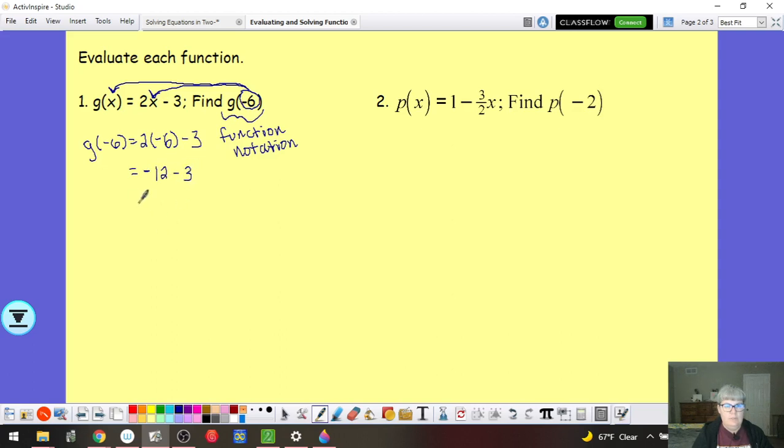Subtract 3 is negative 15. So g of negative 6 is negative 15. What this means is when x is negative 6, y is negative 15. So if we wanted to write it as an ordered pair, we could write negative 6, negative 15.